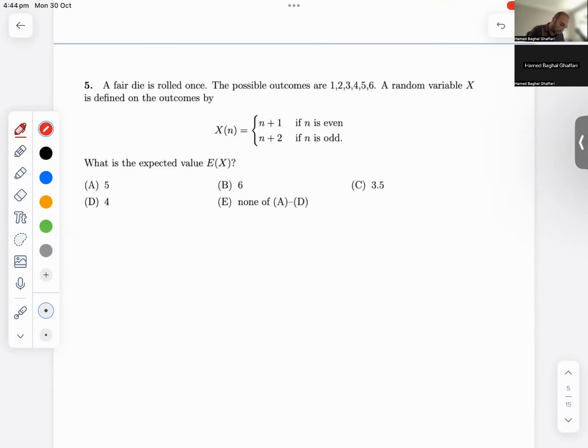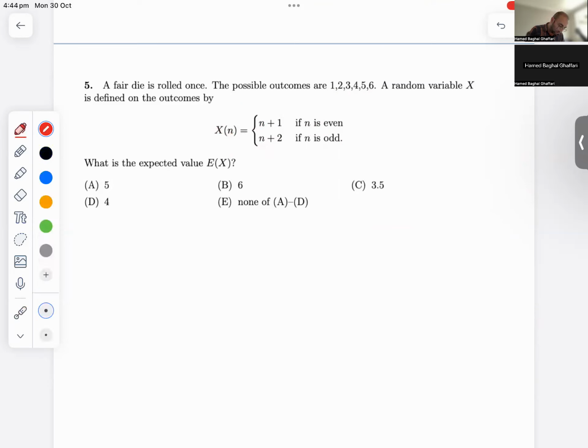So you got this one, and in this question, the outcomes of the die are 6 faces, obviously, and they constitute a random variable x, which is defined here. So n is the number of the faces of a die, and the random variable has been defined piecewise like this.